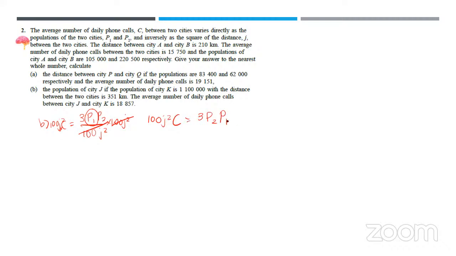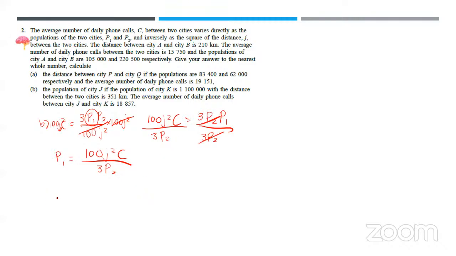Now I want to get rid of 3P2, so I'll divide both sides by 3P2. This and this cancel, and then you get P1 is equal to 100j squared C divided by 3P2. Okay, so now we have our equation to find the population of city J.